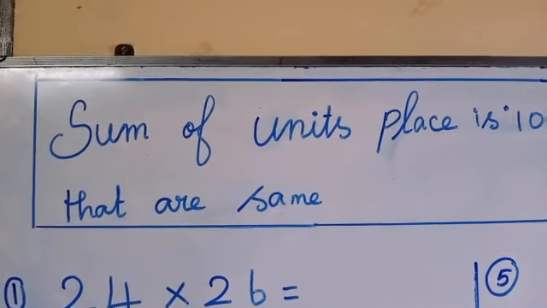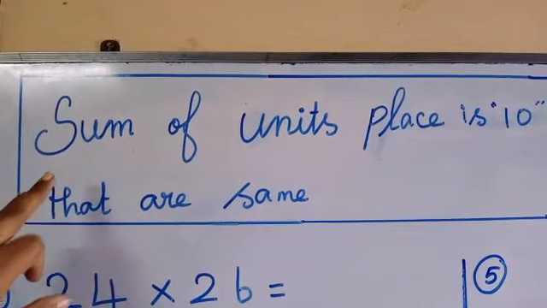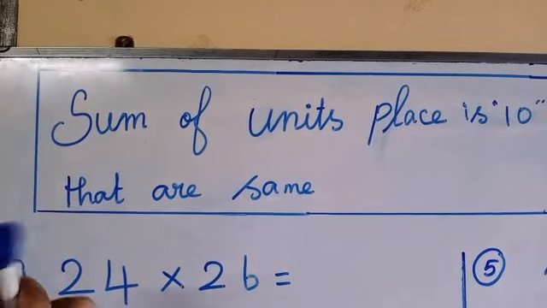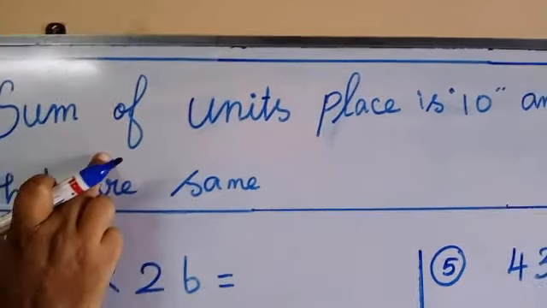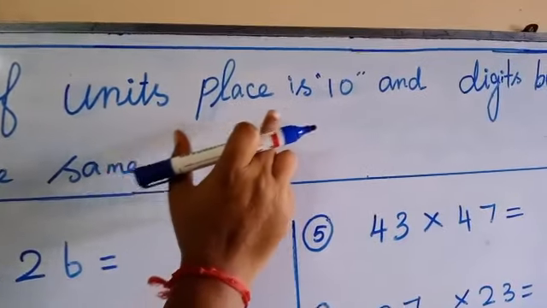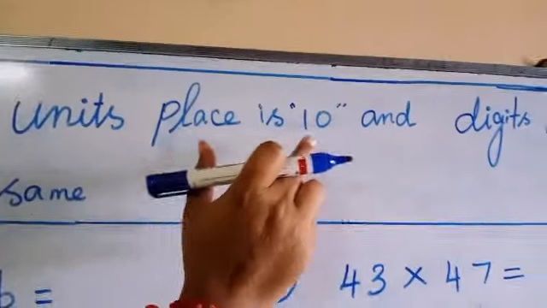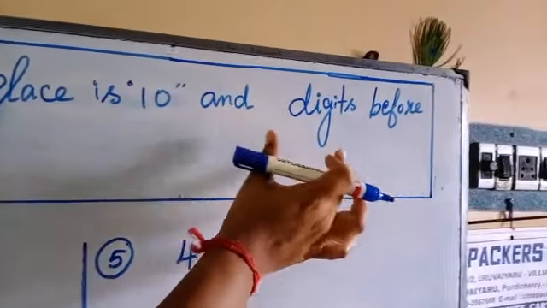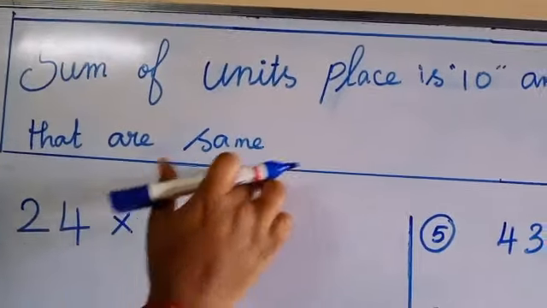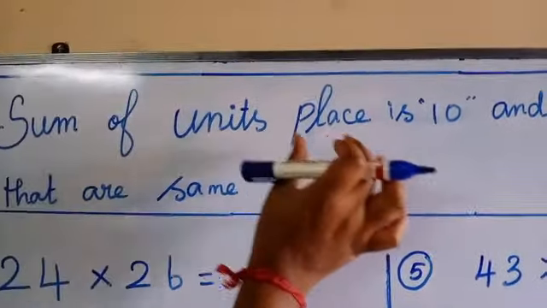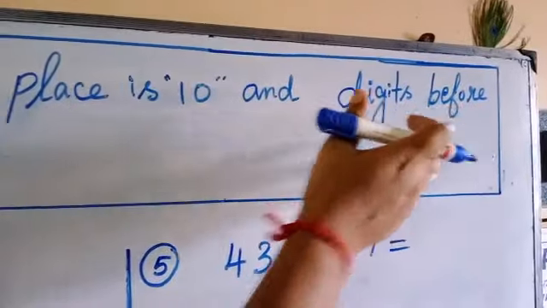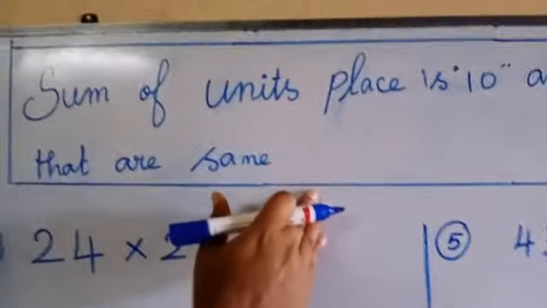Now let's move on to this technique. Read this technique first. Here, the sum of the unit place is 10 and the digits before that are the same.